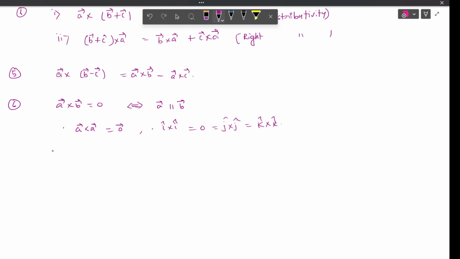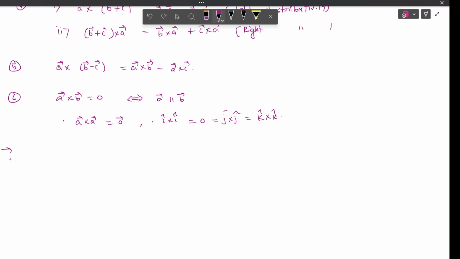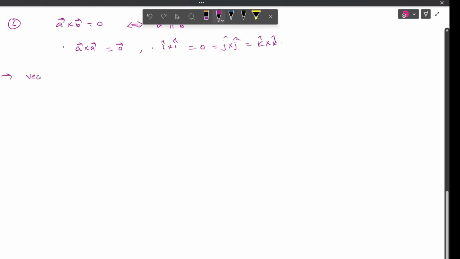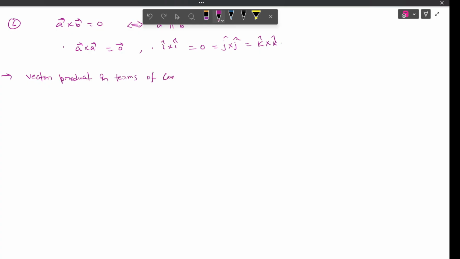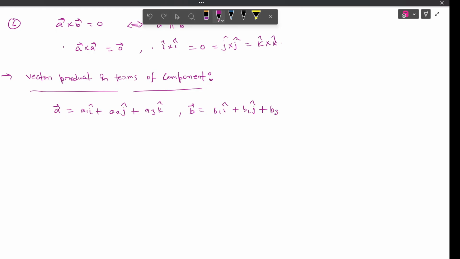Now if you want to see the vector product in terms of components, let us say we have A vector as a1 i cap plus a2 j cap plus a3 k cap, and B vector as b1 i cap plus b2 j cap plus b3 k cap.